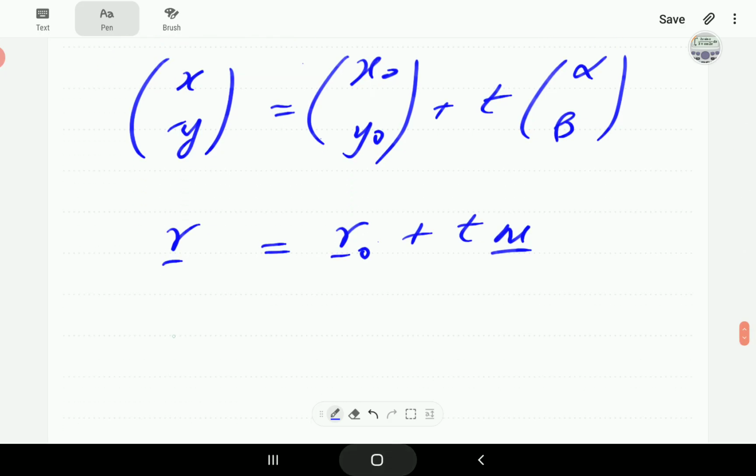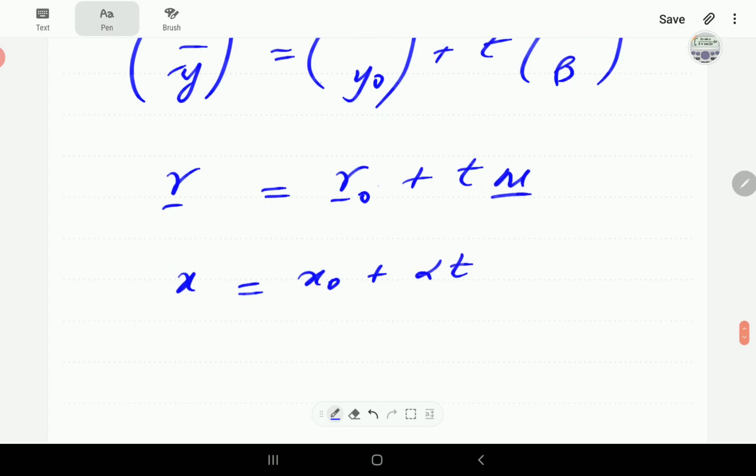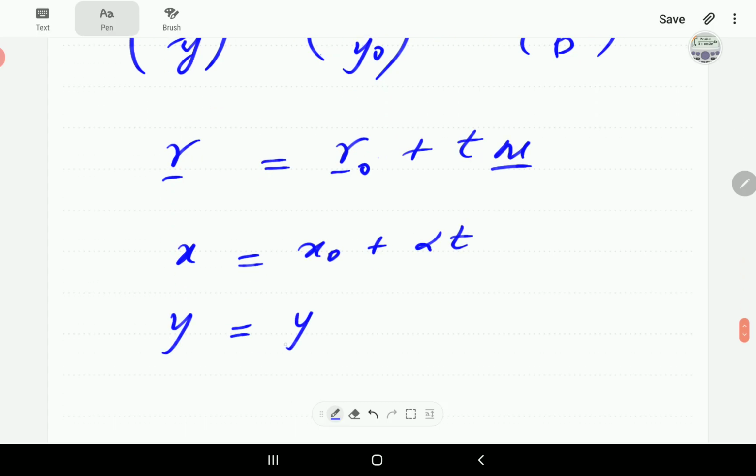Then if you take the x components, x is going to be x naught plus alpha t. y is going to be y naught plus beta t. This is the parametric form.